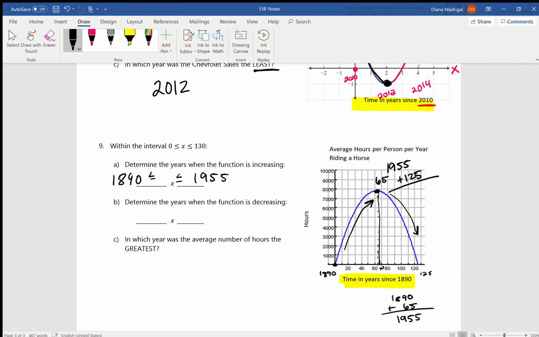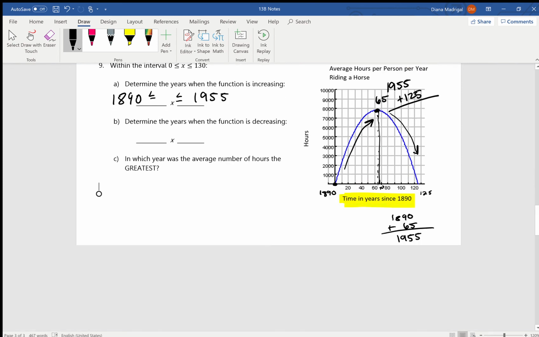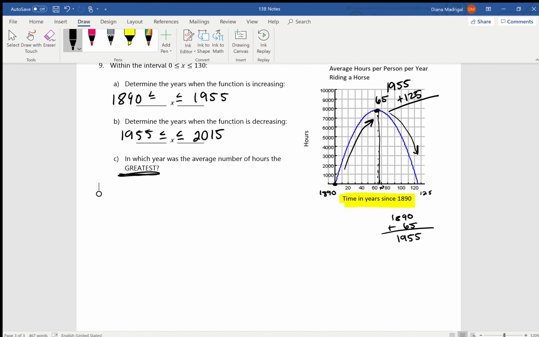So that should have been 2015. So it starts at 1955 and it goes down all the way to 2015. And it says which year was the average number of hours the greatest? Again, greatest means max. So what year was that? 1955. And that's it. Okay.